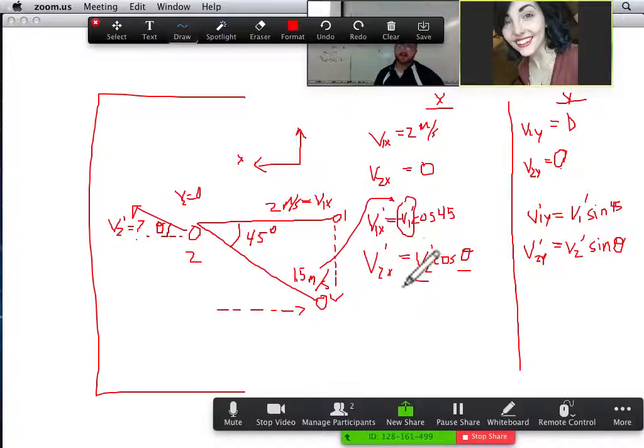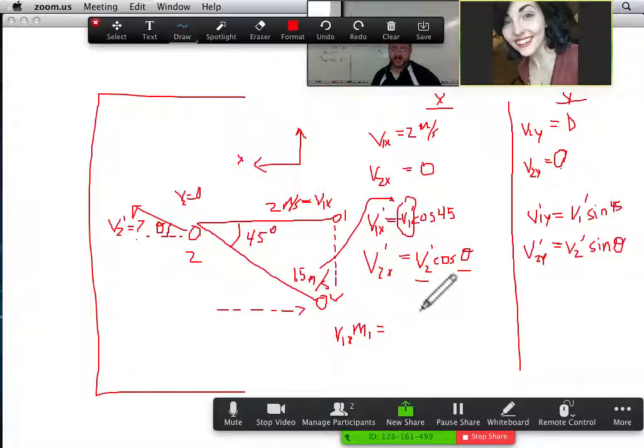But in the end, we're going to use all these velocities with these masses to create two equations. We're going to create an equation for conservation of momentum in the x direction and an equation for conservation of momentum in the y direction. So conservation of momentum in the x direction is going to be velocity 1x, which is the 2 meters per second here, times mass 1. And then velocity 2x, which is 0, so that just goes away.